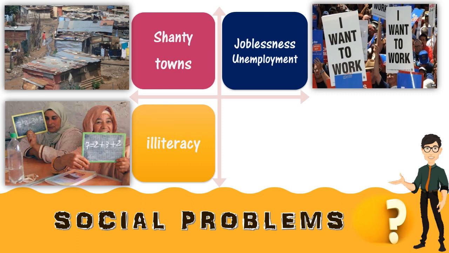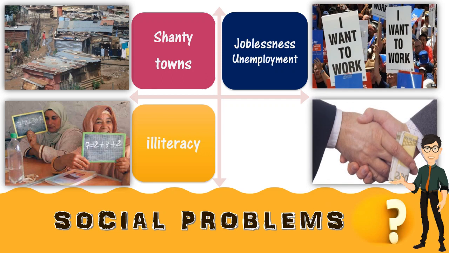As you can see in the picture, these women are part of a literacy class where they are learning some arithmetic, learning how to read and write, because they are illiterate. The problem is illiteracy, usually referring to the fact that people cannot read or write.